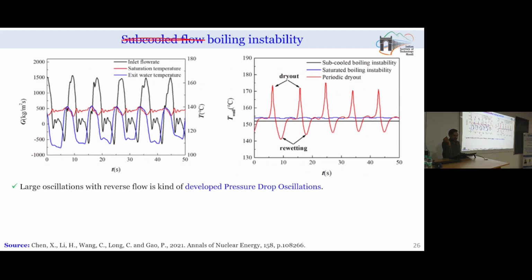So whenever I will be having periodic dry out at the heater surface, you may consider that a significant amount of vapor has been produced. So once there is a significant amount of vapor, that will be all of a sudden expanding, and it will be closing the entire portion of the tube.